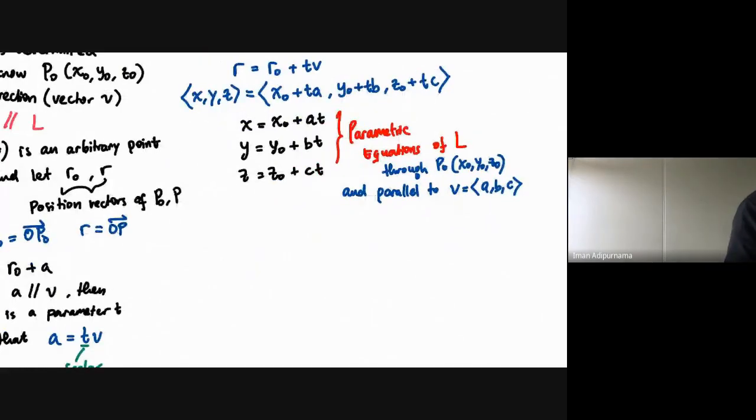And the vector v's components A, B, C are also called the direction numbers.